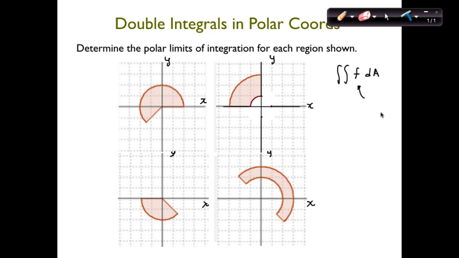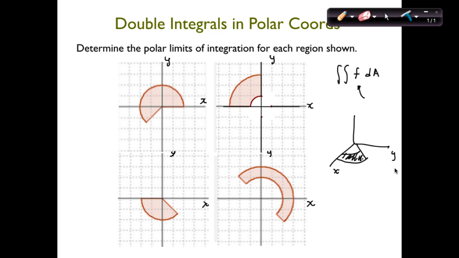So you imagine these regions are in the horizontal plane, something like this. Then we have a function that's separate from that, and that's what we're accumulating, the function that we're integrating. And that's a surface in R3.